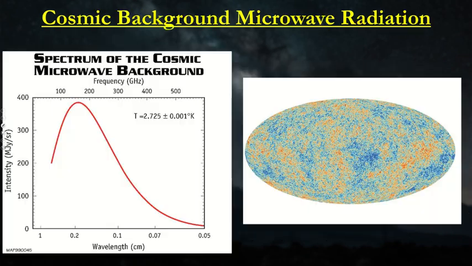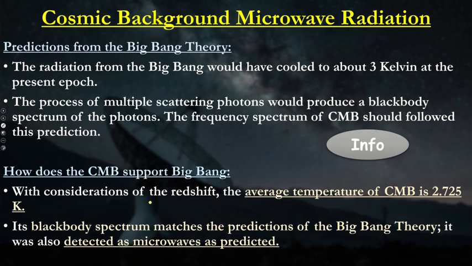So that's very nice. Based on our deductions, the spectrum that we see, or the maximum emitted wavelength, matches the predicted temperature the radiation would be today, which is 2.7 Kelvin. Okay, so if we take into consideration the redshift, the average temperature is 2.725, so that matches what we see, and the black body spectrum matches the predictions of Big Bang theory.